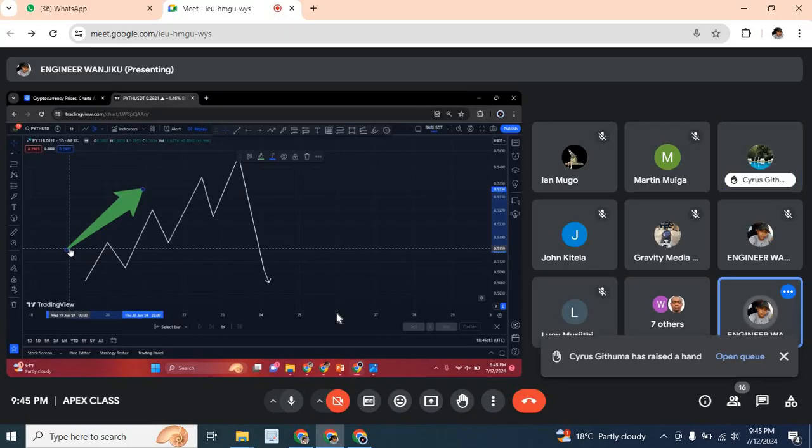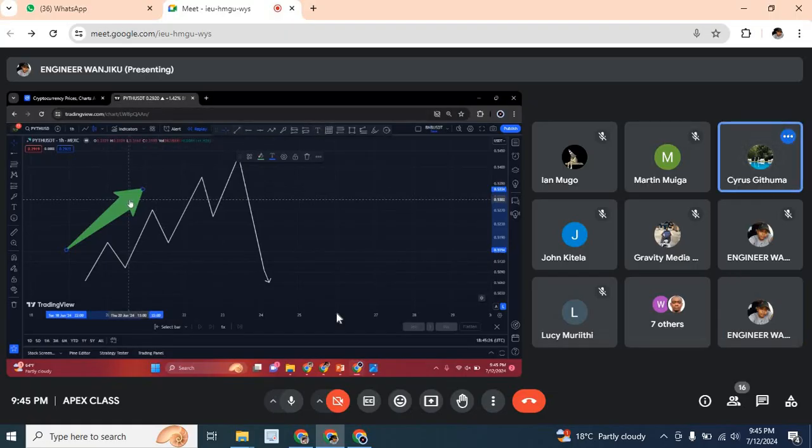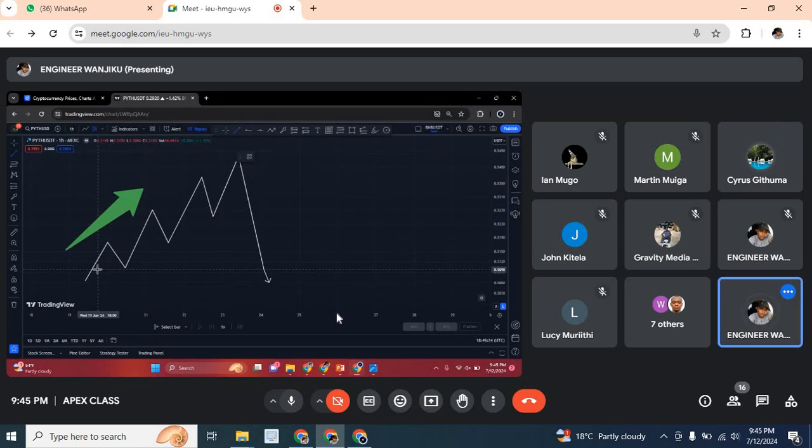An uptrend. Also on the same chart, Cyrus, can you help us draw break of structures and the change of character? Let me give it a try. Okay.